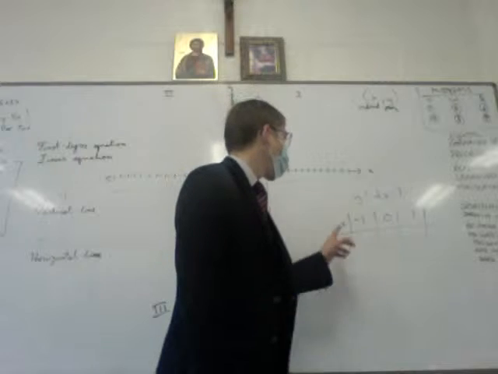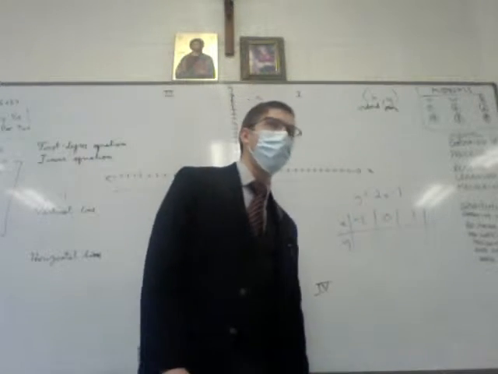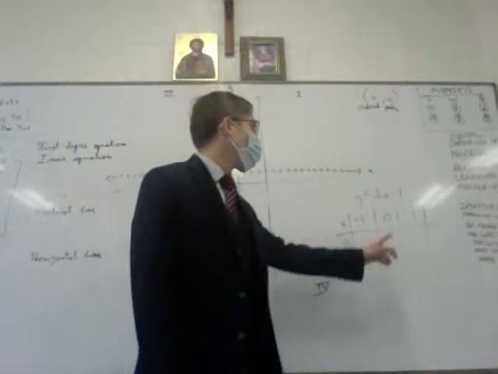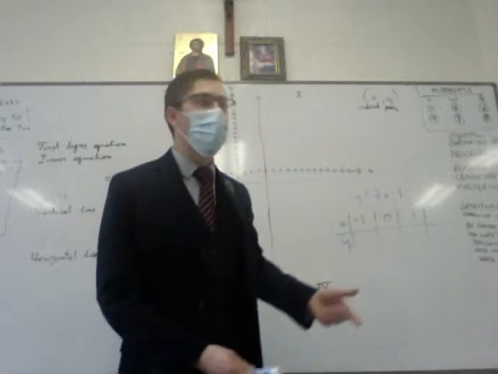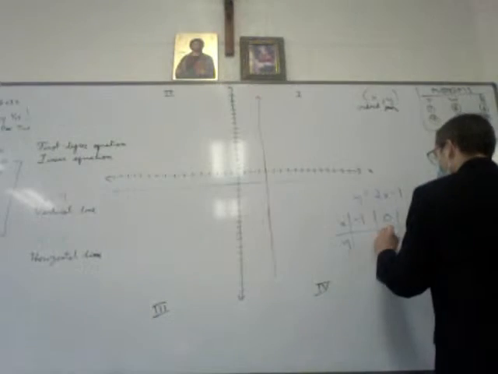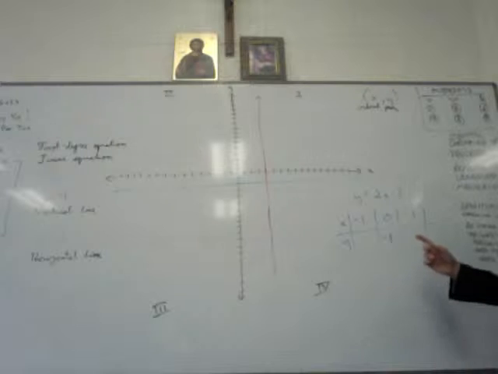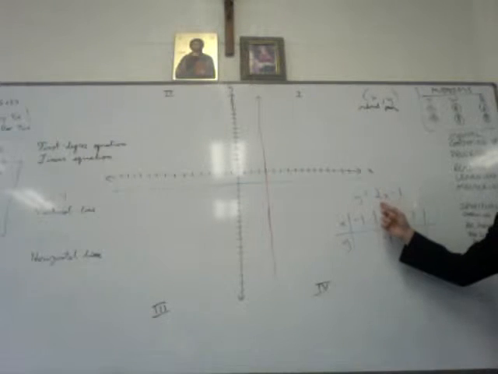So let's do the easy one. If x is 0, what's y? Well, 2x minus 1. 2 times 0 is 0, minus 1 is -1. What about if x is 1? If x is 1, then 2x is 2.